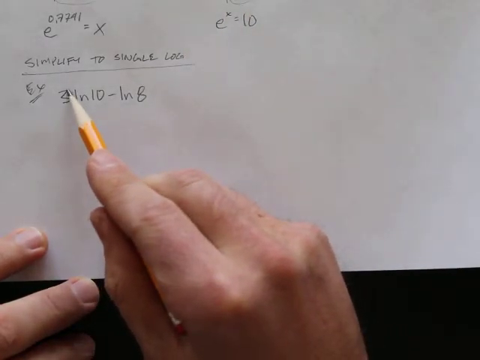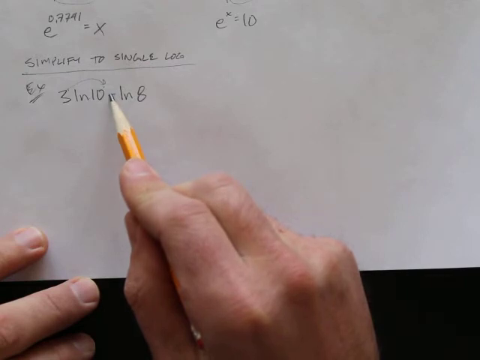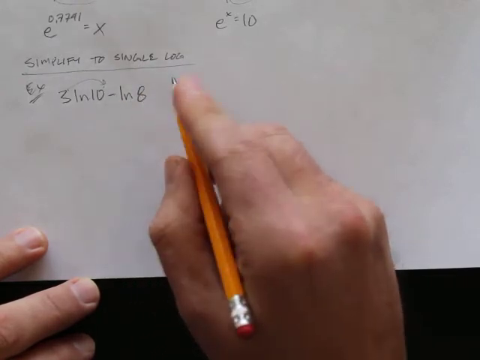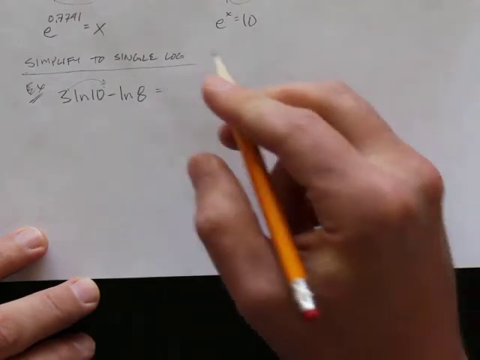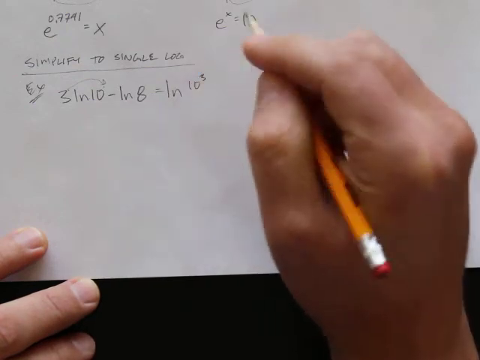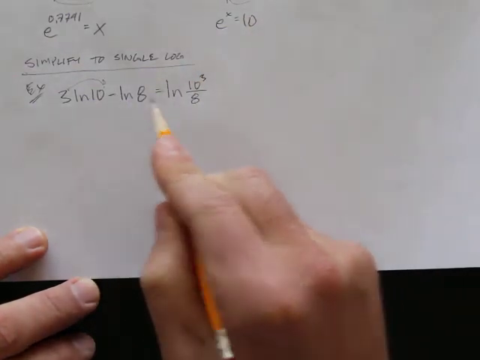So I'm going to take this 3 and I'm going to put it up here. So it's natural log of 10 to the third power. And then I also have this negative here, which means this 8 is going to go down to the bottom of the fraction. So I'm going to have natural log of 10 to the third power divided by 8. So that's how I would do the quotient property here.